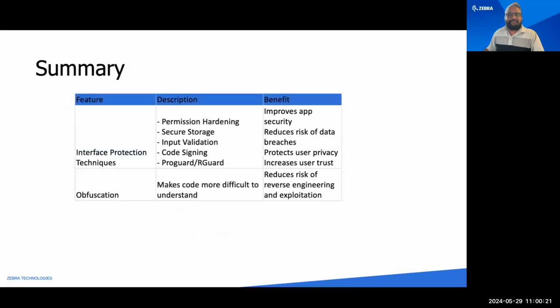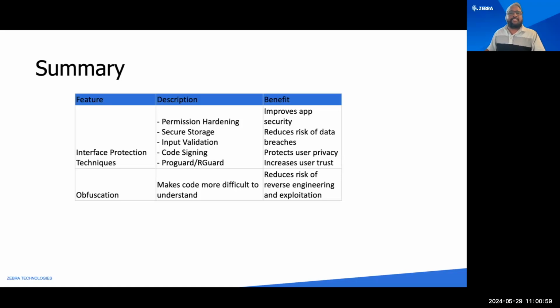Next. Okay, to summarize, we covered two different topics: interface protection and obfuscation. For interface protection, you make sure that you harden the permissions, have secure storage, do input validation, and strongly recommend code signing. This is one of the ways, and leverage ProGuard or beyond that, whatever is available, depending on the selection you want to make.